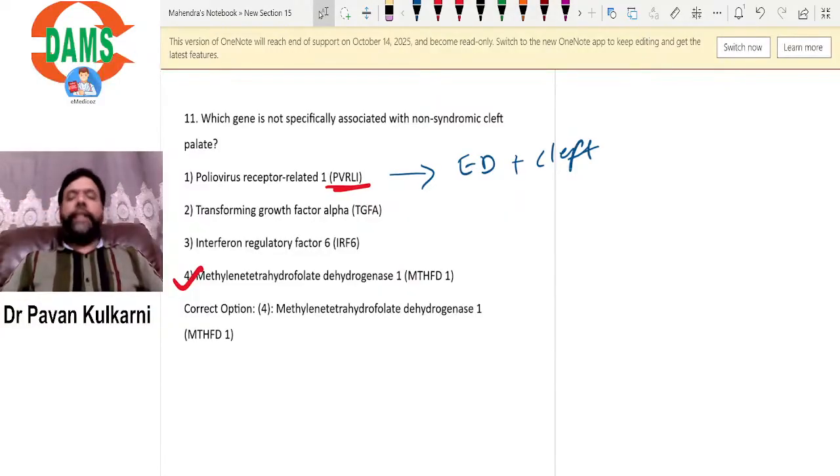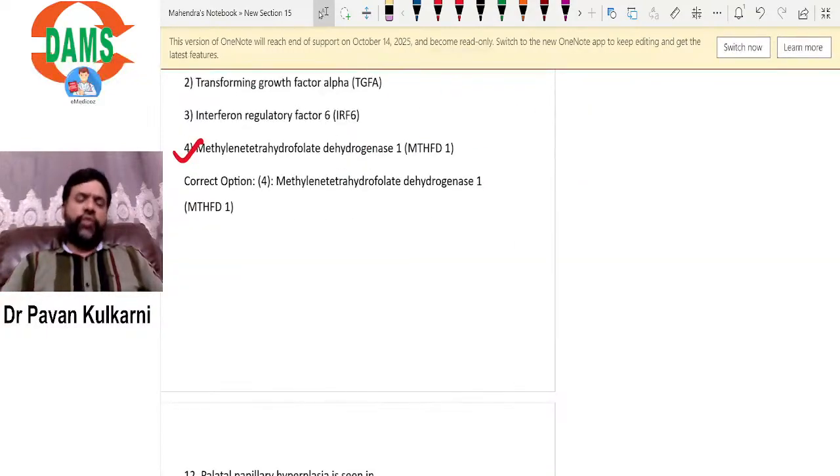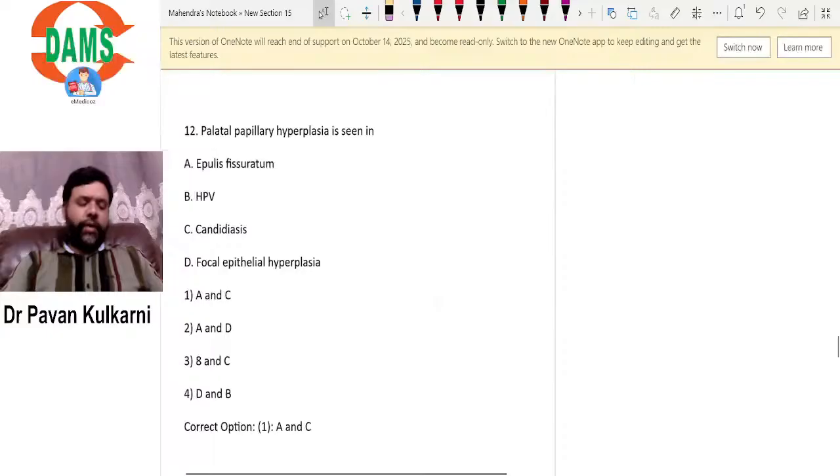Okay, rest all are TGF alpha, IRF6 and all that is associated with a non-syndromic. One which is not associated is the methylene tetrahydrofolate dehydrogenase. Okay, again a single liner MCQ which you have to remember.